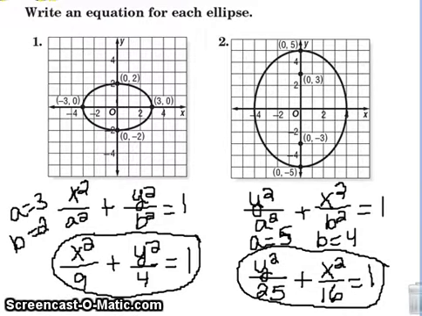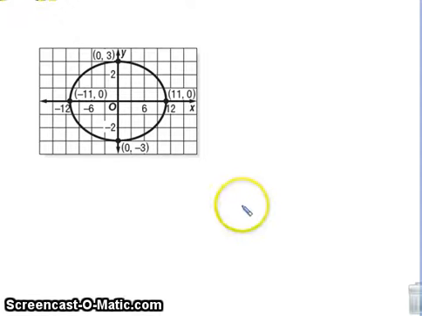And this one, yeah, it's drawn. It is not drawn very well. It's not drawn proportionally, is it?